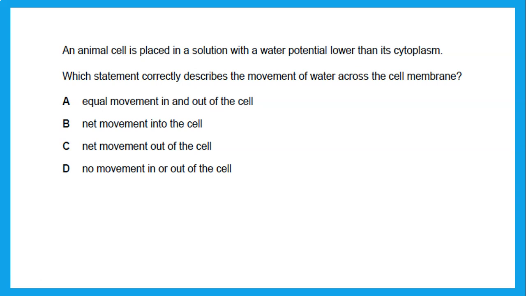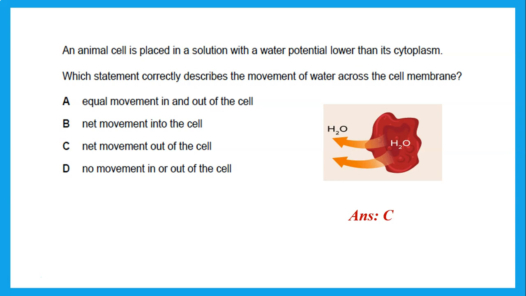So if I put it into water potential lower than what is inside, how will the water move? If inside has higher water potential, then the water will move out of the cell. We have net movement of water out of the cell.